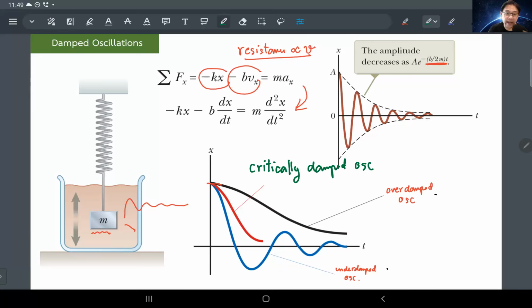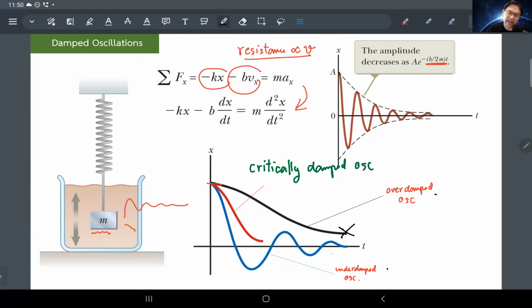Okay, so why don't I do the color coding here? The red line is the boundary between the over and under damped oscillation. But do you notice the behavior of these three curves here? If your goal is to get to the equilibrium point, the black line is bad because it would take a long time for the system to approach the equilibrium.